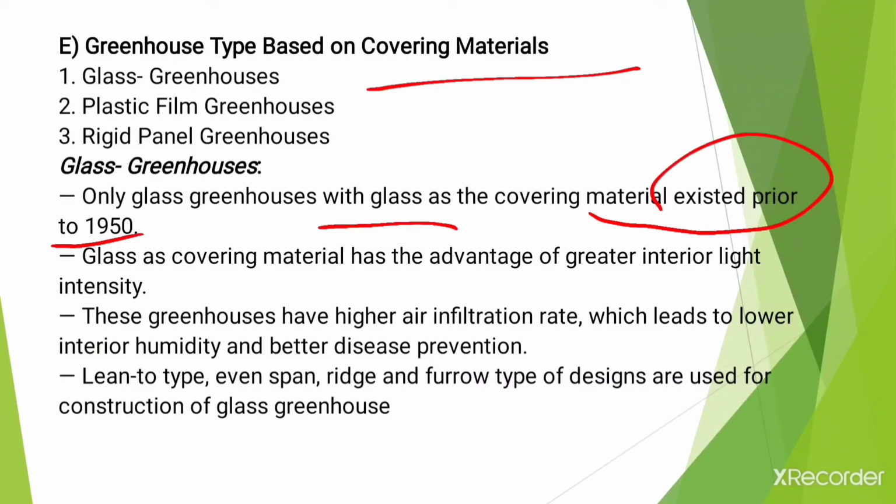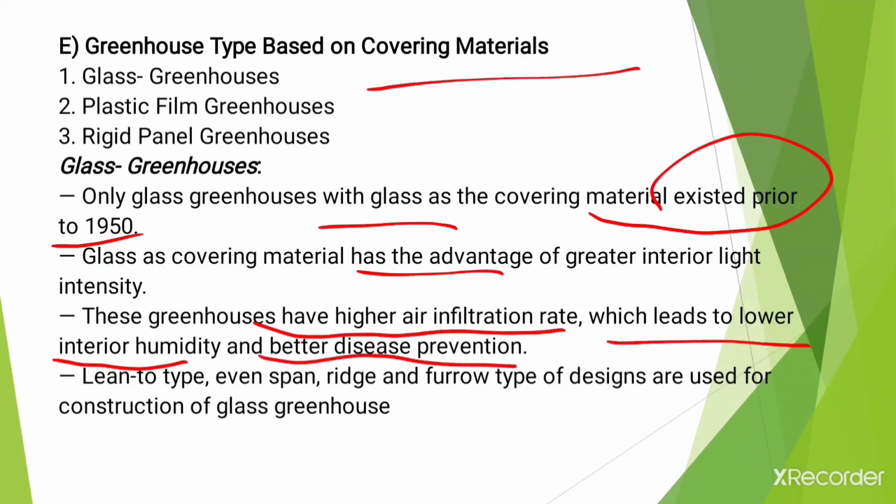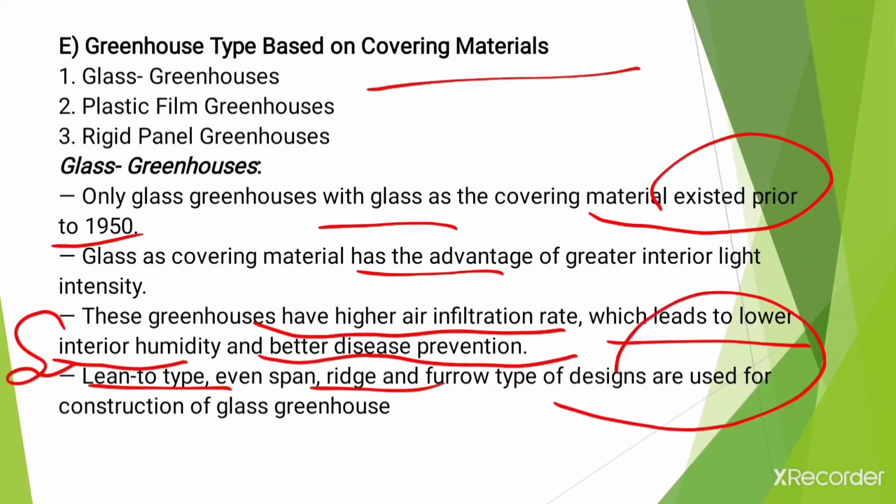Glass as the covering material has the advantage of greater interior light intensity, and these greenhouses have a higher air infiltration rate, which leads to lower interior humidity and better disease prevention. These are the qualities of glass greenhouses. Lean-to, even span, and ridge and furrow designs are used for construction of glass greenhouses.